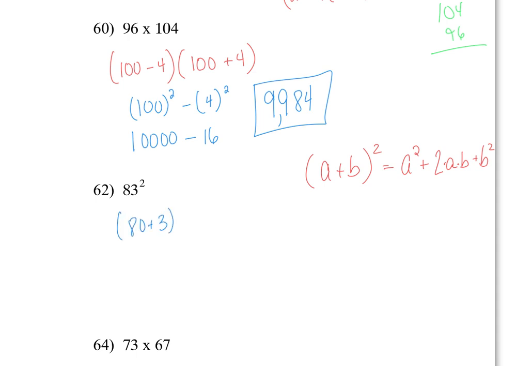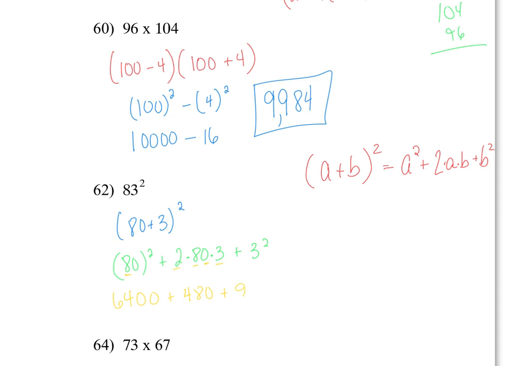80 plus 3 squared. That is 83 squared. It's exactly the same thing, right? 80 plus 3 and the group squared is 83 squared. And I'm going to use my special case. I'm going to say, well, that's going to be 80 squared plus 2 times 80 times 3, and then plus 3 squared. 80 squared, I'm just going to take the 8 and square it, and then do 2 zeros. 2 times 3 times 8, well, that's 48 plus that 0, so that's 480, and then plus 9.